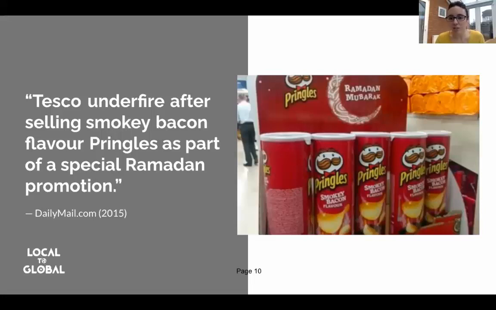Even though these Pringles don't contain pork, they only have the flavoring, you will agree that it was completely offensive to Muslims, and Tesco was forced to remove these crisps following a complaint, to which they later apologized, of course. But we thought it was a good example to show how important it is to include cultural management in your business strategy, let alone your marketing and advertising campaigns.